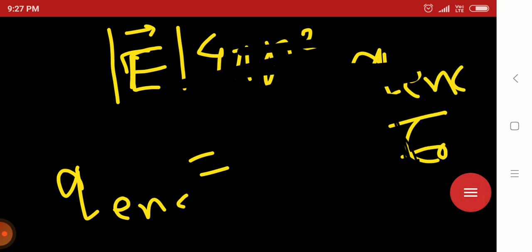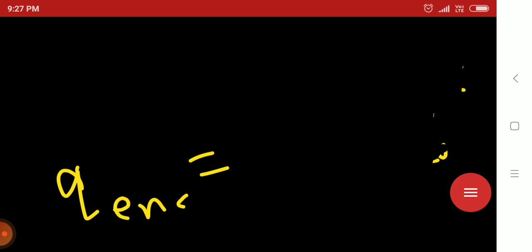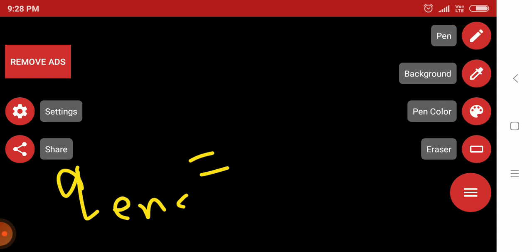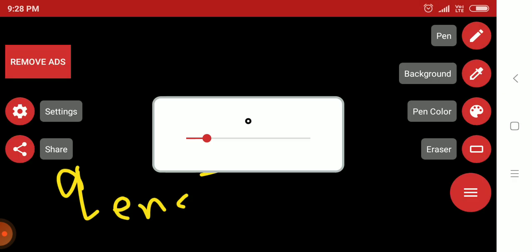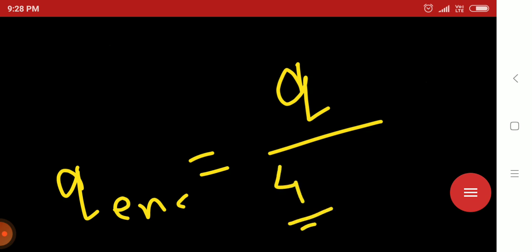The volume is 4/3 pi small r cube, but the total charge is inside the capital R radius. The total charge is in the uniformly charged sphere. So I am writing the charge enclosed expression, which is very important here. That is Q per the full volume, and the full volume of capital R radius is 4/3 pi R cube.